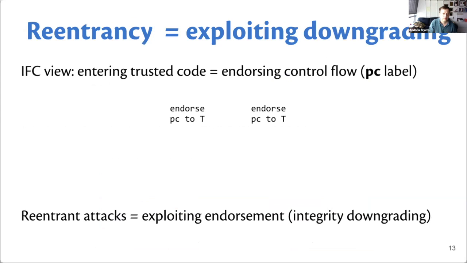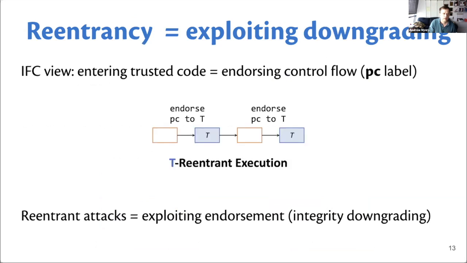Okay, so from the information flow view, what's going on here, really? What reentrancy attacks are doing is they're exploiting something that we call downgrading. Downgrading is any case where you have information that is being allowed to flow in a way that's not immediately obviously secure from the standpoint of the information flow security policy.